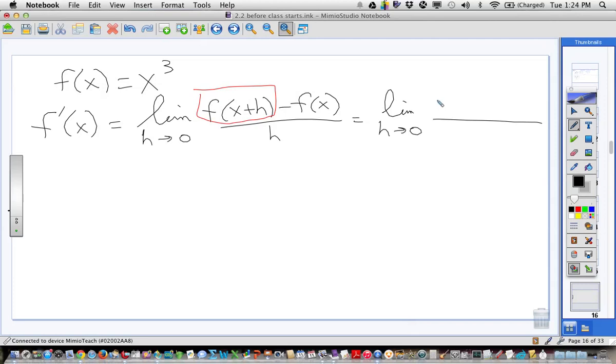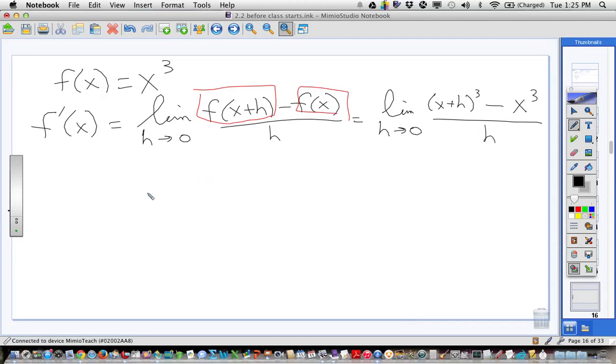What's that mean, f of x plus h? X plus h cubed minus, and then what's this red thing? What's f of x? Just x cubed.